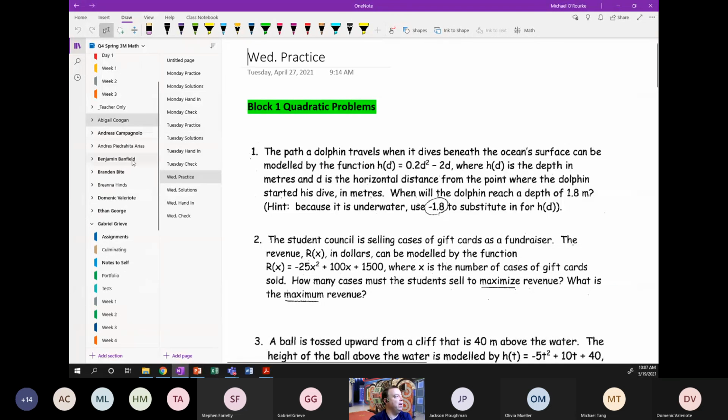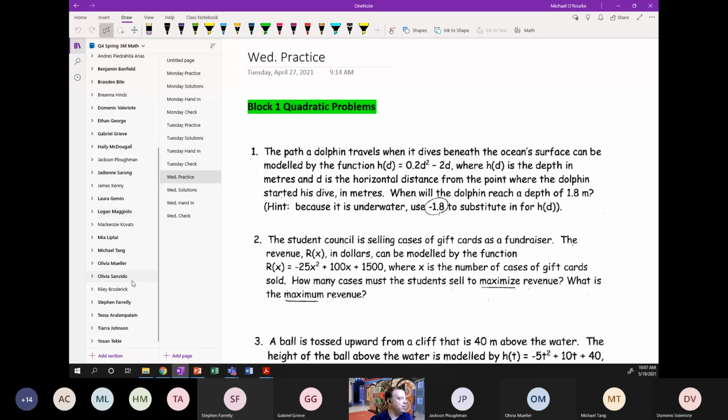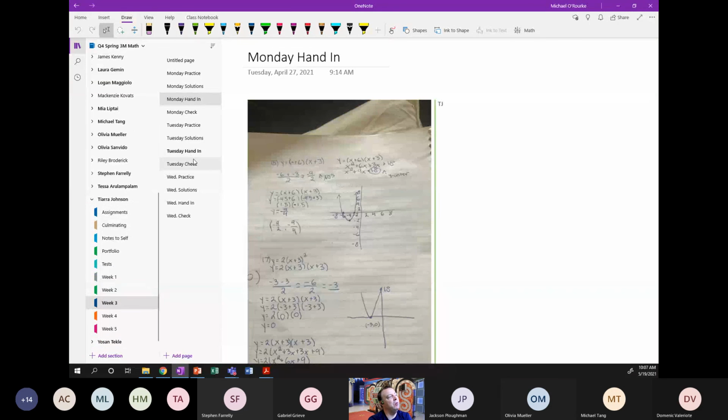Now, if I look through this here, I see some names that aren't bolded that tell me they haven't handed anything in since yesterday. Because I should be able to go through, I gave you guys lots of time to do your homework. Pick a random student. Let's pick T. She has a bold beside her Tuesday hand-in because she handed in her homework because I gave her lots of time yesterday to complete it.